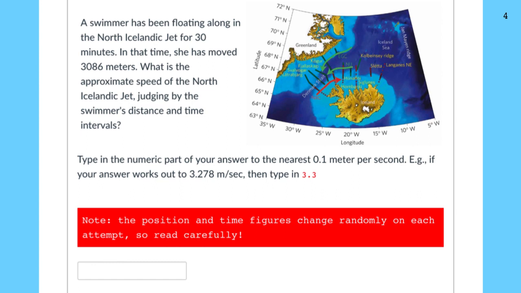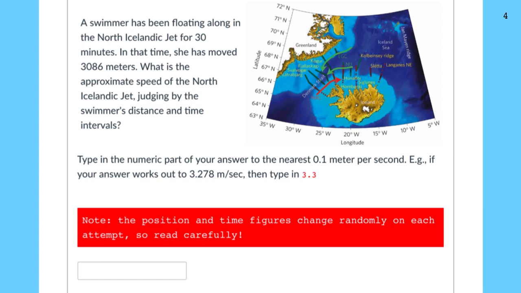Here's the distance over here, 3,086 meters in 30 minutes. So that's your delta X or delta S for some generic direction.